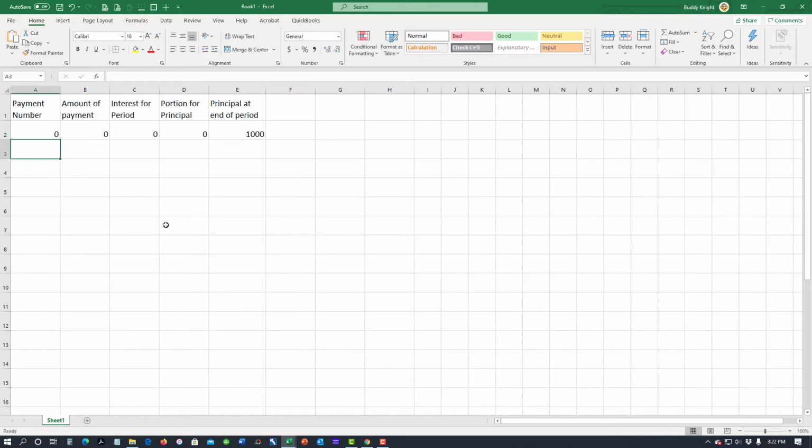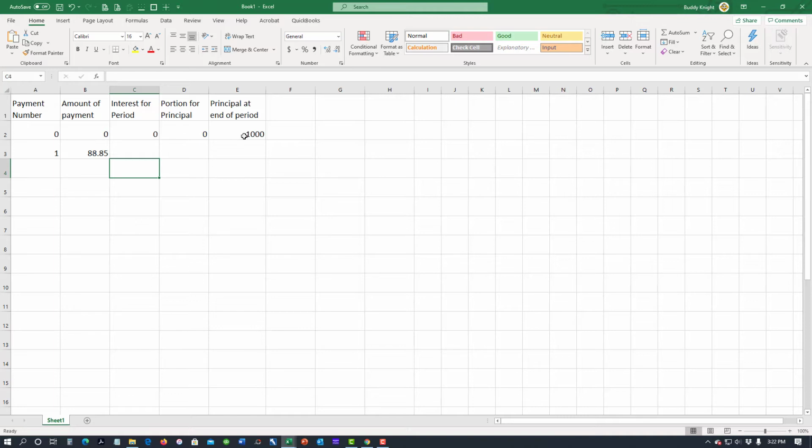Now we'll go on to the first month, and this is when we make payment number 1. Part A told us that we were going to pay $88.85 every month. And then our interest for the period, we're paying 12% per year, so the percentage per month is 1%.